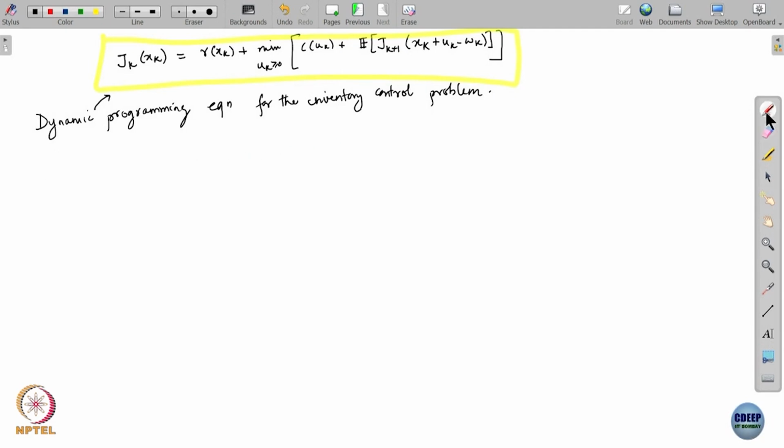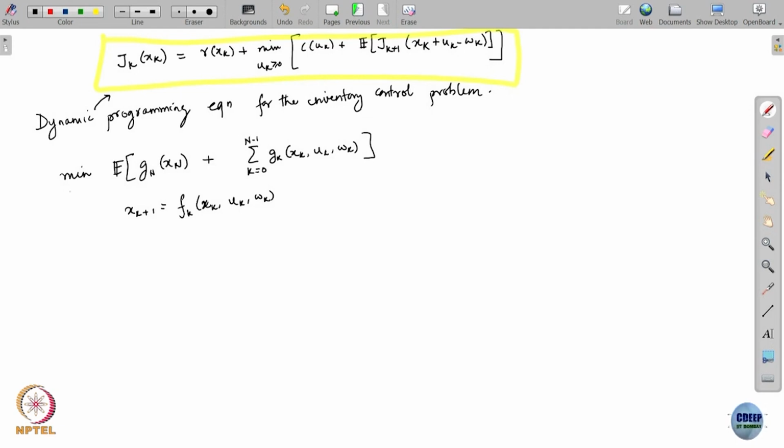To state the theorem, suppose you are minimizing this objective subject to the dynamics that x k plus 1 is f k of x k, u k, w k, and you want to minimize this over all policies pi given by mu 0 to mu n minus 1. Okay.